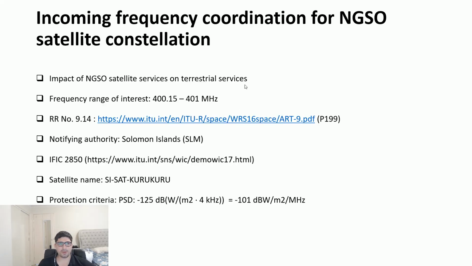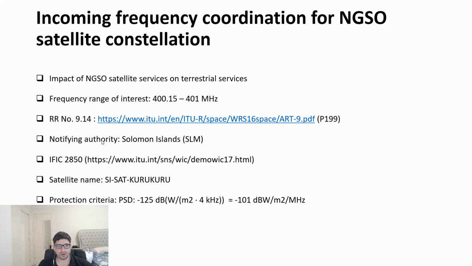So this is what we're going to do. We're going to do incoming frequency coordination, and we're going to study the satellite over a specific frequency range. Here it is 4.15 to 4.01, and then we're going to import or download from ITU the specific IFIC database 2850.